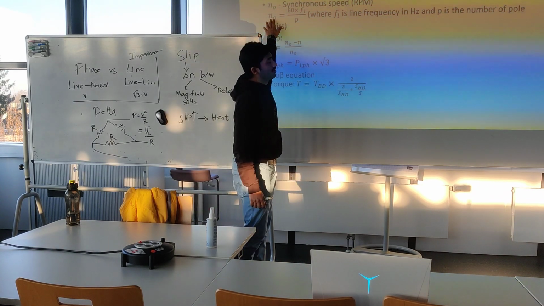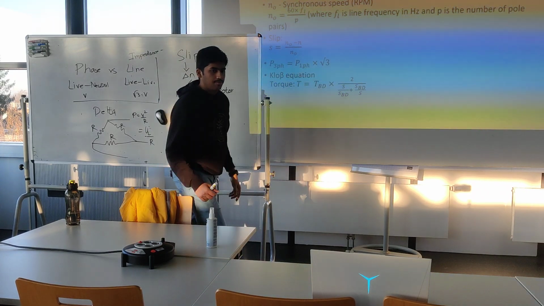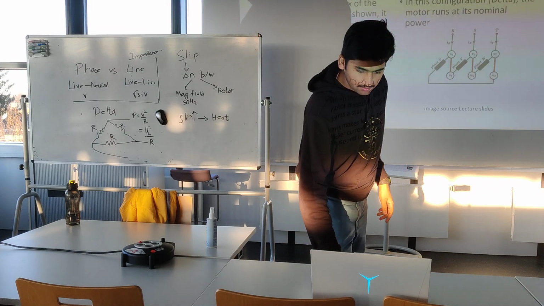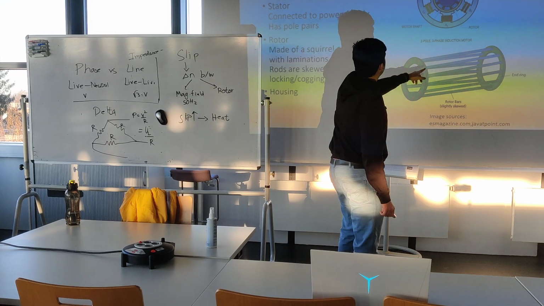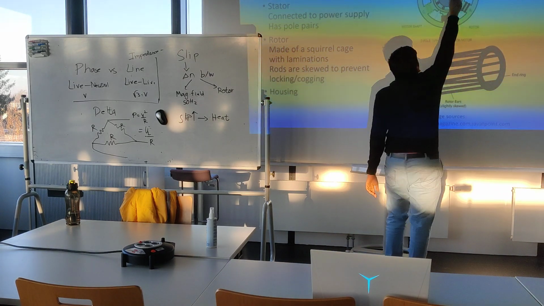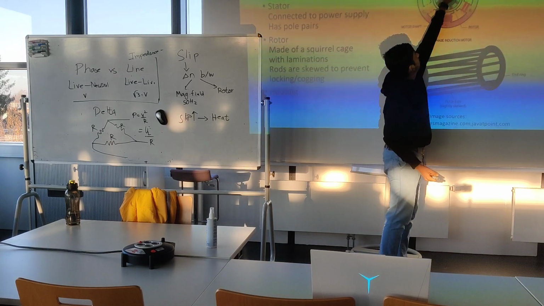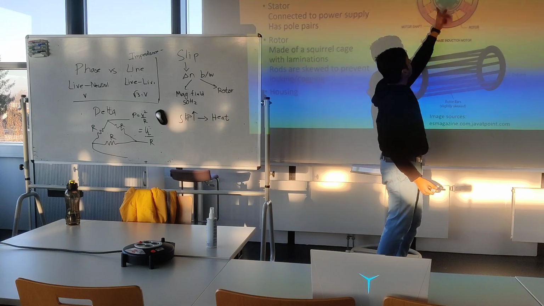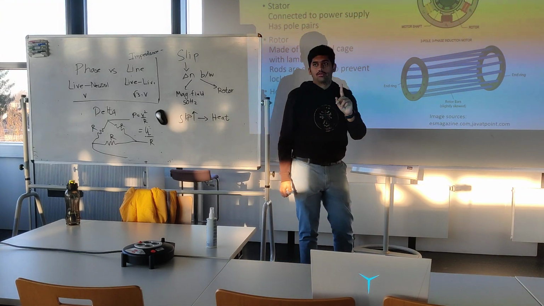This N naught is RPM, and P is the number of pole pairs. So this is a two-pole motor. This is one set, like for each phase, you have one pole pair. So it's a two-pole, one-pole pair motor.